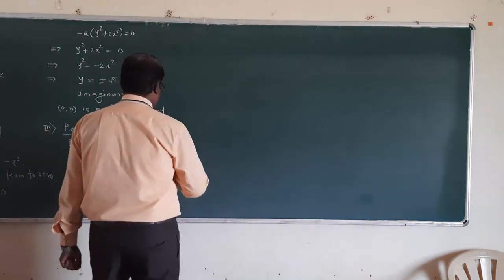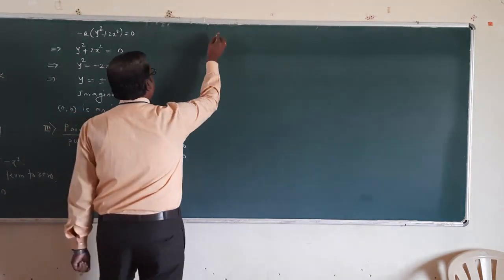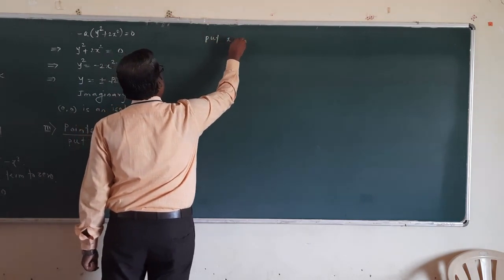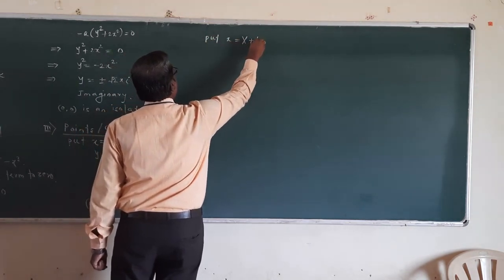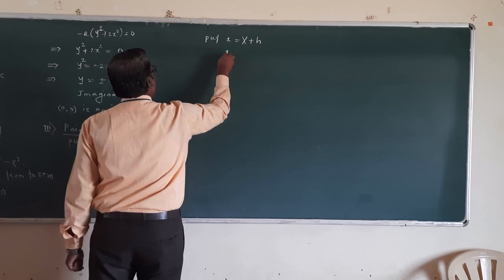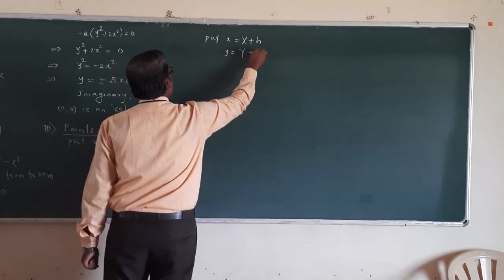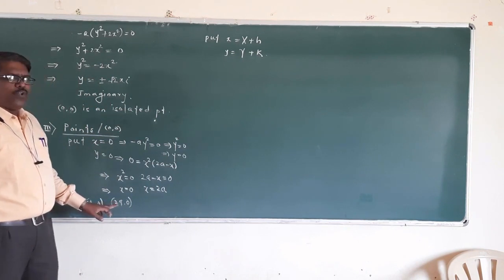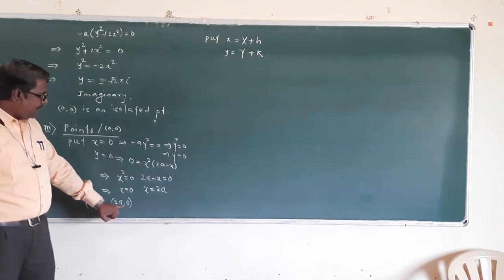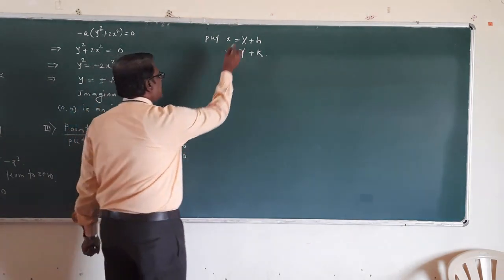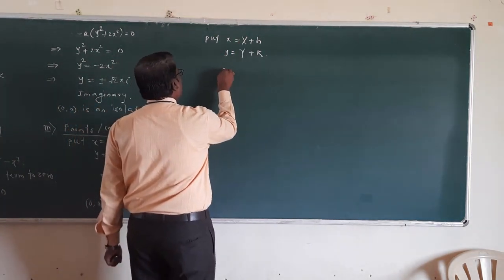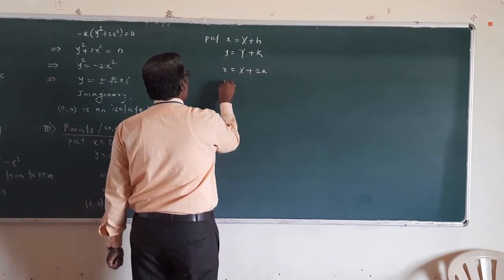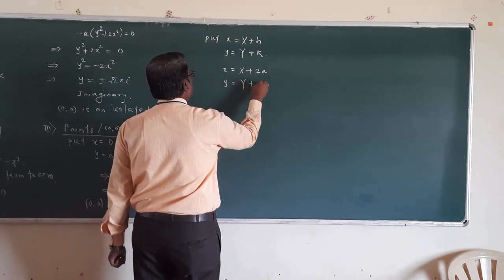For using shift of origin, we use the transformation as put x is equal to capital X plus h and y is equal to capital Y plus k. But here we have to shift the origin to the point 2a comma 0. So we use the transformation as x is equal to X plus 2a and y is equal to Y plus 0.